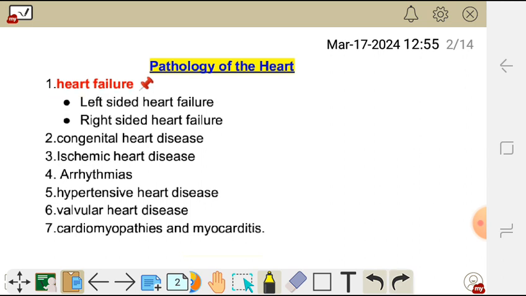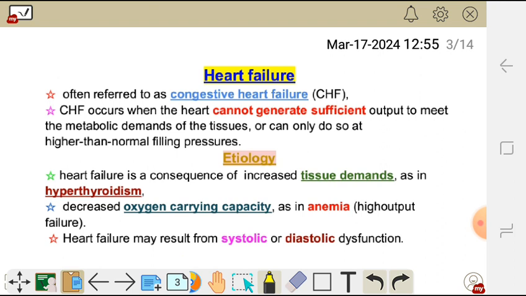So what is heart failure? Heart failure is also called congestive heart disease or congestive heart failure, and it occurs when the heart cannot generate sufficient output to meet the metabolic demands of the tissues.